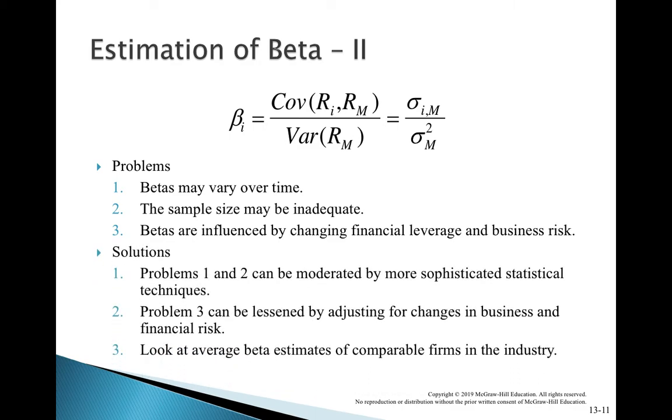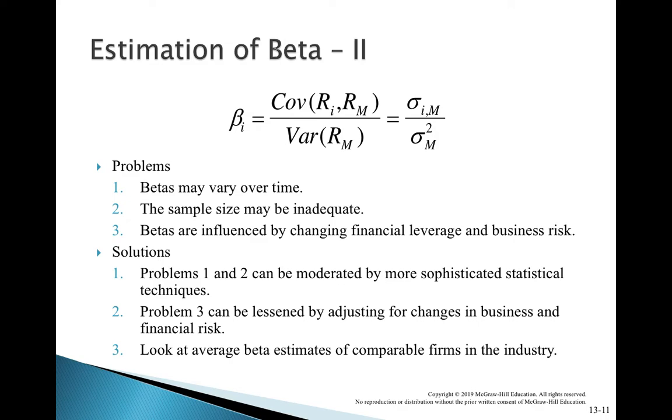Solution. Problems 1 and 2 can be moderated by more sophisticated statistical techniques and even taking the data for a longer period. Problem 3 can be lessened by adjusting for changes in business and financial risk.